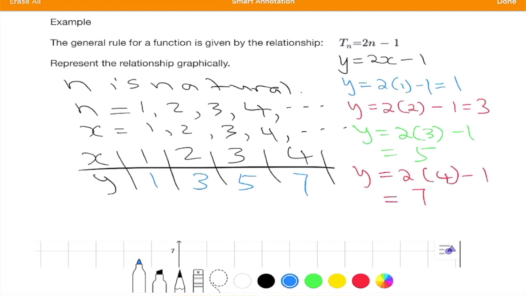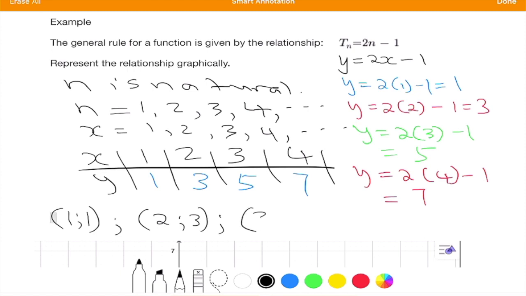So what we get from this table are 4 points. The first point that we get is x is equal to 1 and y is equal to 1. So these are coordinates. So there is point 1, 1 from the first pair. From the second pair, we have x equal to 2 and y is equal to 3.